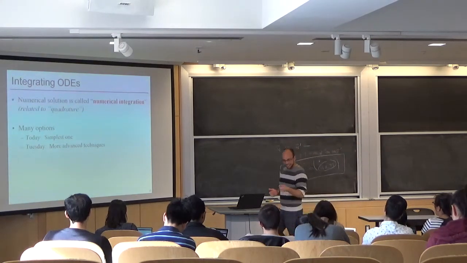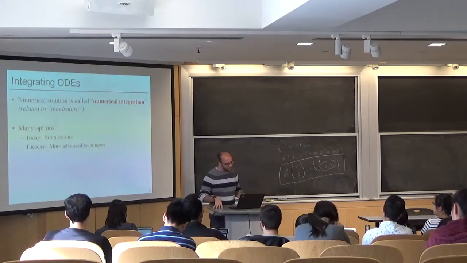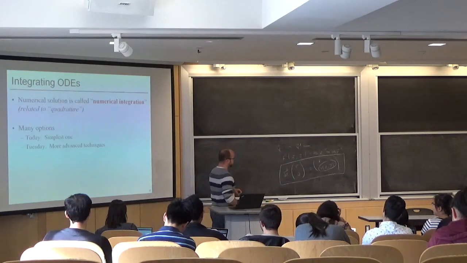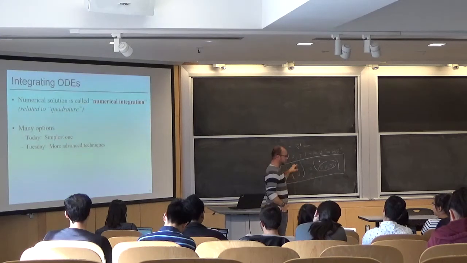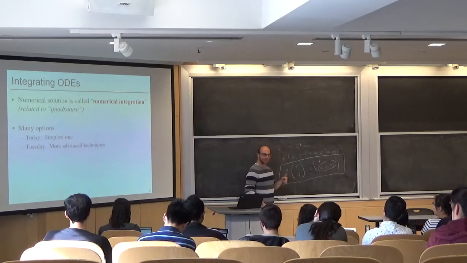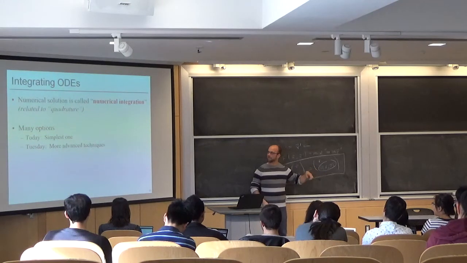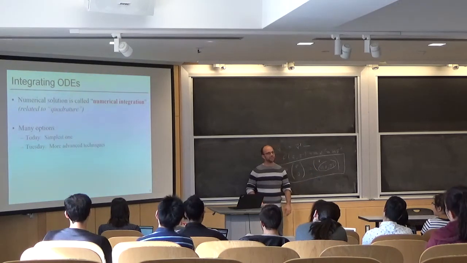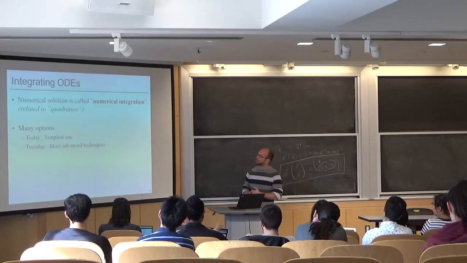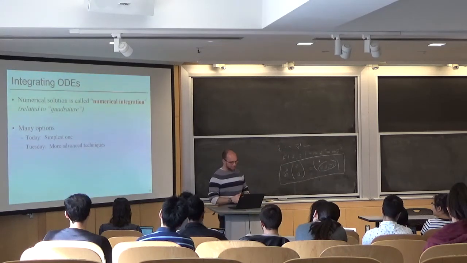So instead, what we're going to do is define algorithms that approximate the solution to this problem as a function of time for arbitrarily complicated functions f, and they're going to work reliably and be a little bit less computationally expensive.